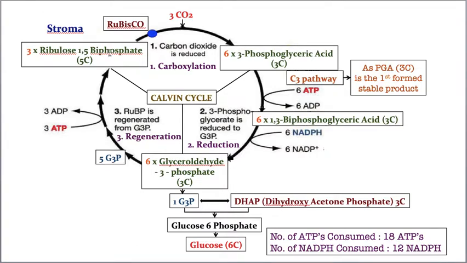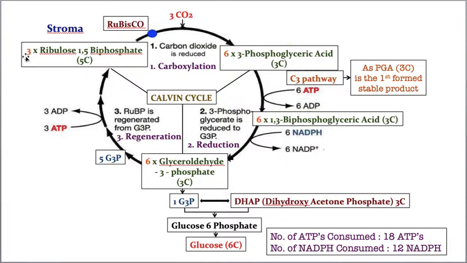Now please understand, listen very clearly students, otherwise you will get a little confused. Each ribulose 1,5 bisphosphate is made up of 5 carbons. So one ribulose 1,5 bisphosphate consists of 5 carbons.